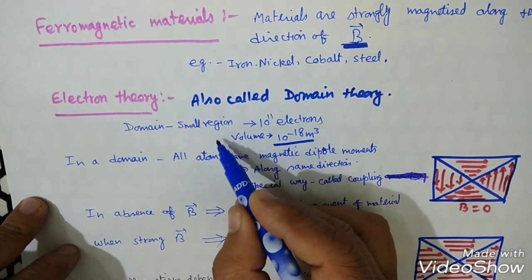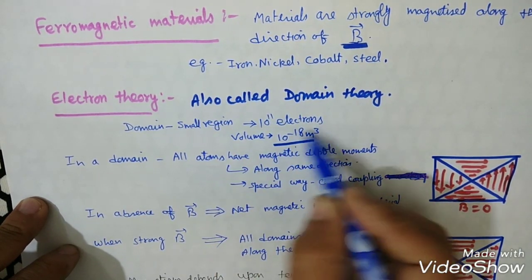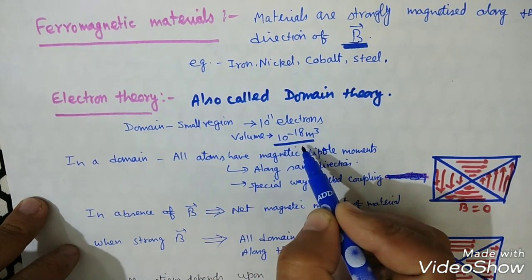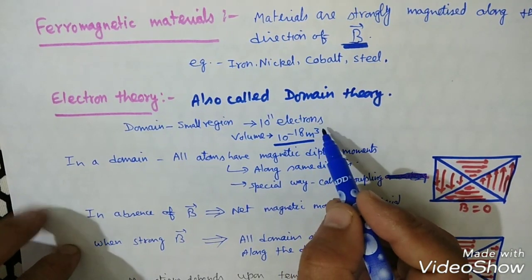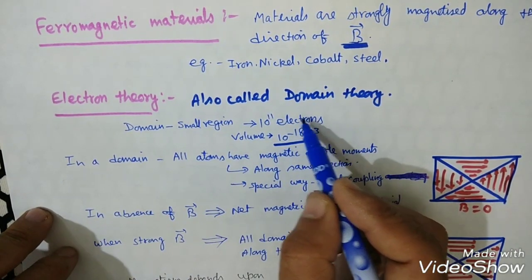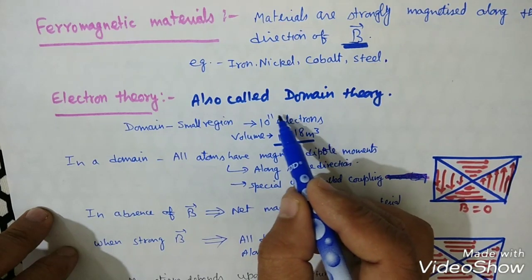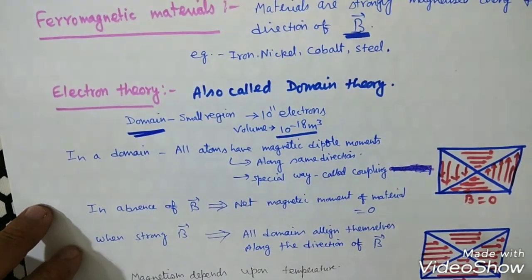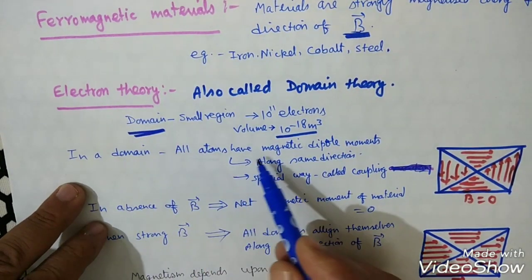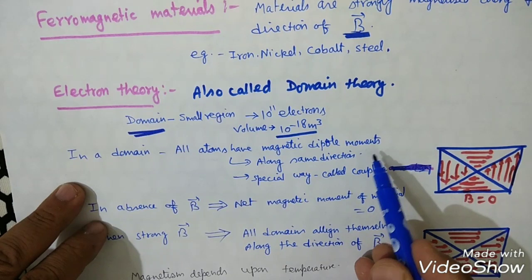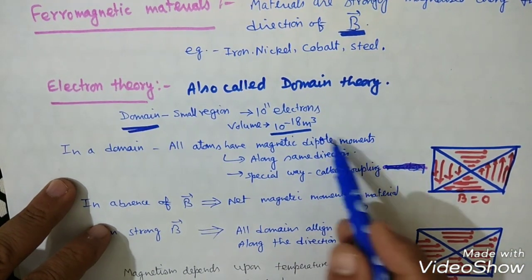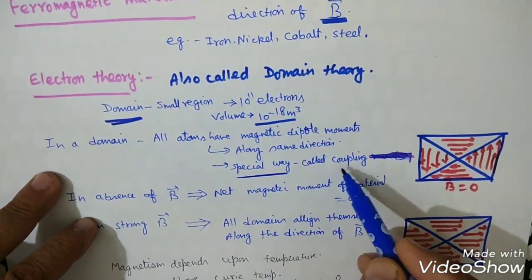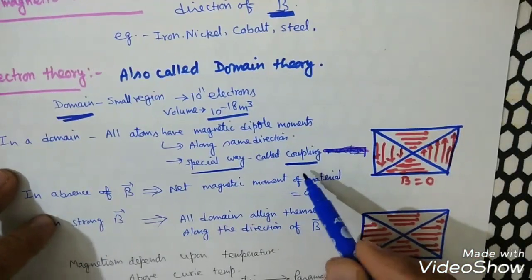Their magnetic dipole moments are aligned along the same direction, and this group of electrons is called a domain. In a domain, all atoms have magnetic dipole moments along the same direction, and these interact in a special way that is called exchange interaction or coupling.